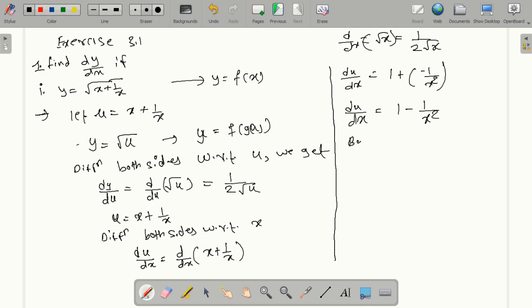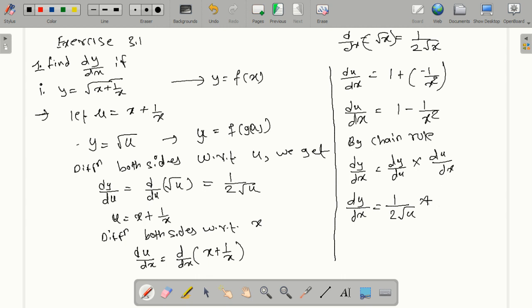By the chain rule, we know that dy by dx is equal to dy by du into du by dx. So dy by dx is equal to, we know that dy by du is given as 1 upon 2 root u, into du by dx, which is 1 minus 1 upon x squared, right?